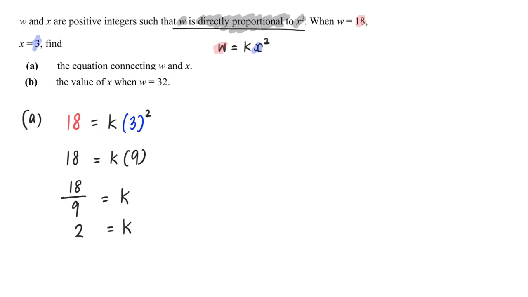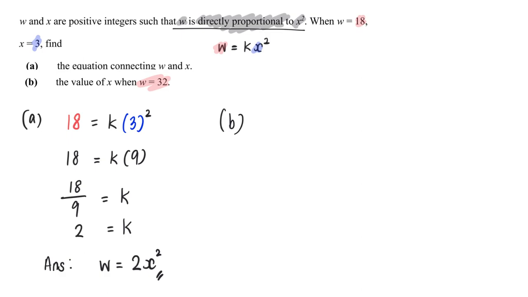And once I have this, I would then write down the equation. W equals 2x squared. That would be the answer for part A for the equation connecting w and x. As for part B, now they give me the value of w, 32.